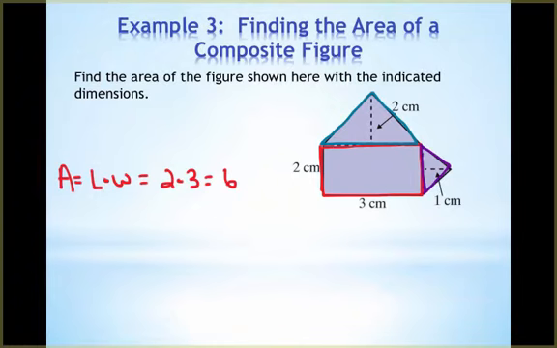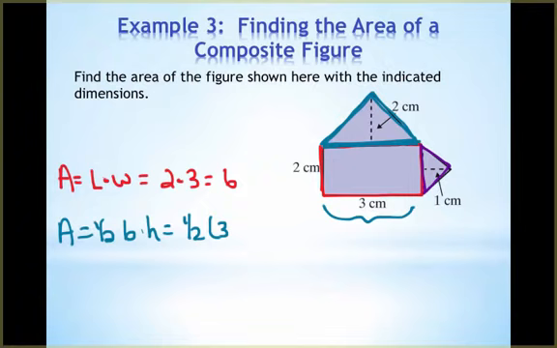Now let's find the area of the triangle that's sitting on the top here. So we know the formula for that is 1/2 base times height, but the base of this triangle is equal to this distance here. So then we'll know that that is 3 and our height is 2. So that's going to give me an area of 3. And then lastly, we'll compute the area of this triangle, which again, my formula is 1/2 base times height.